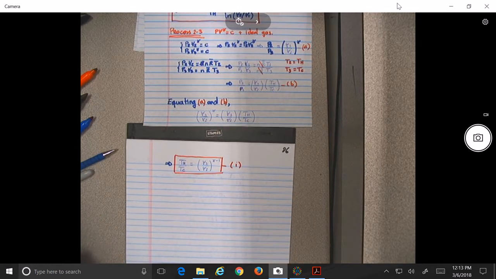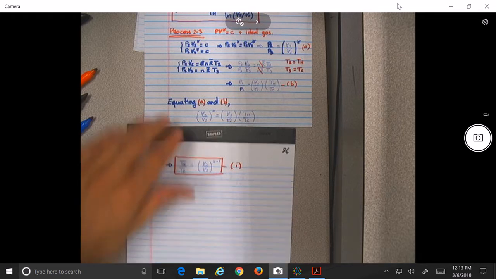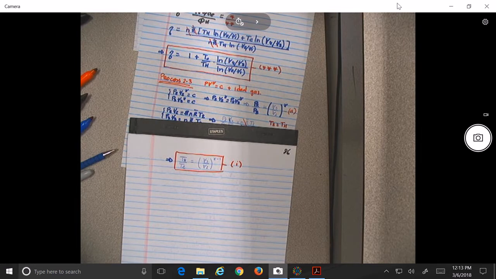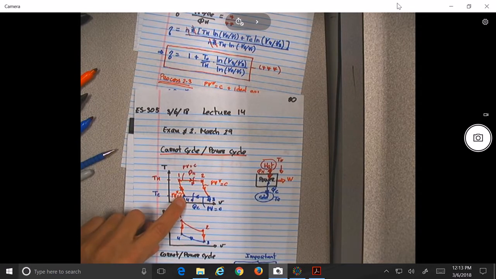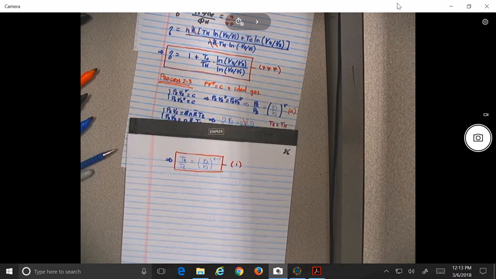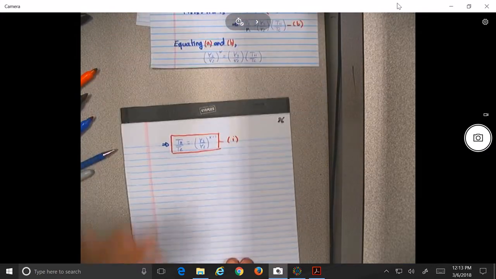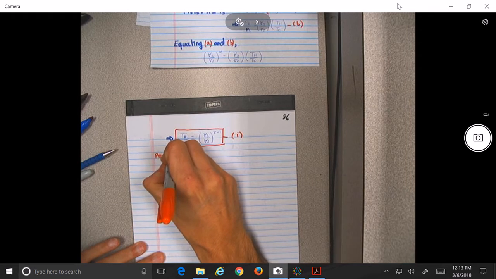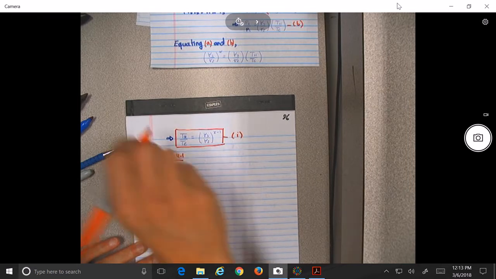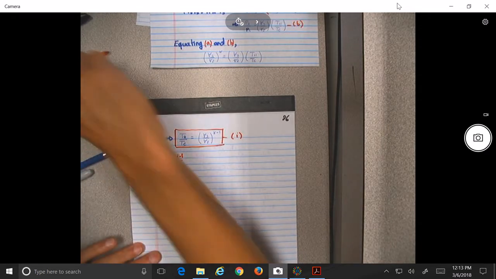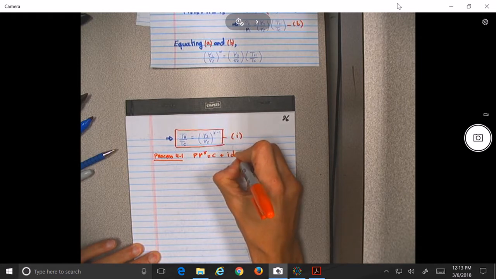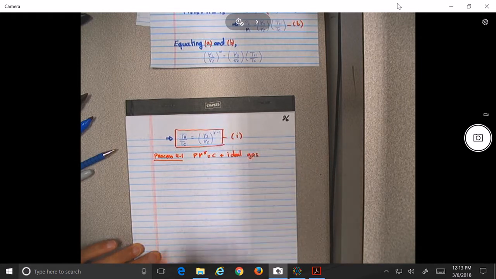Okay, so now what do you think we're going to have to do? We did this with process 2-3. Now we need to do exactly the same thing with process 4-1, and you will see why. For process 4-1, what do you know? It's a polytropic process plus an ideal gas.